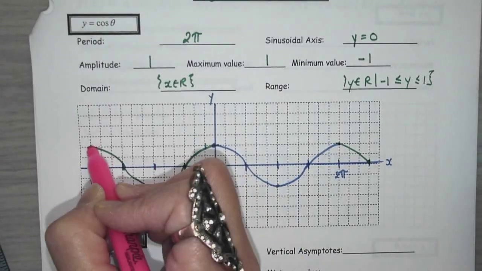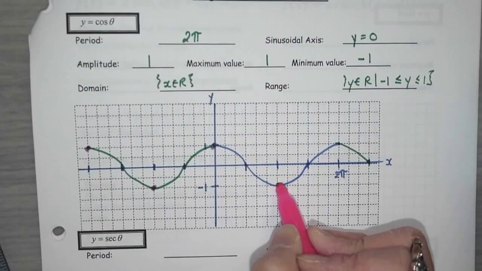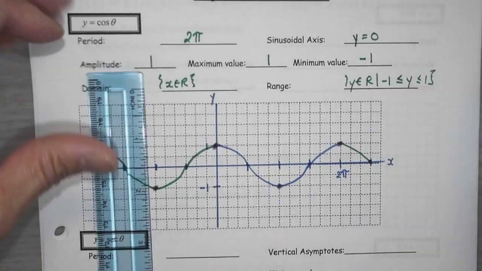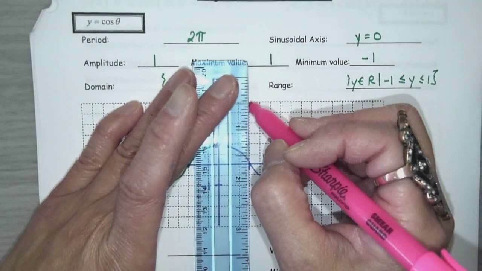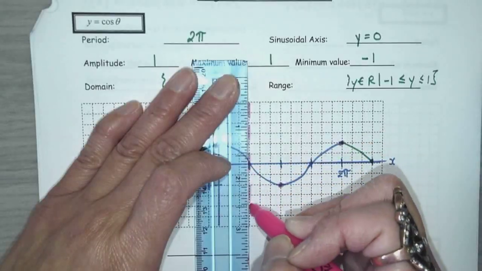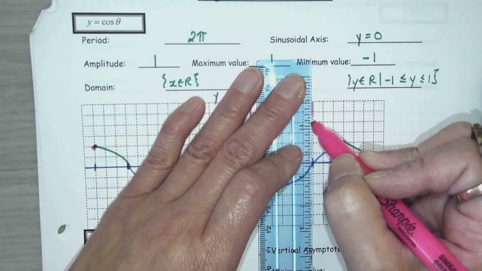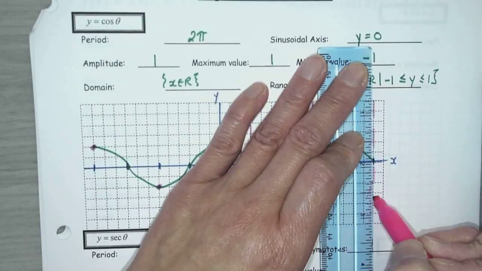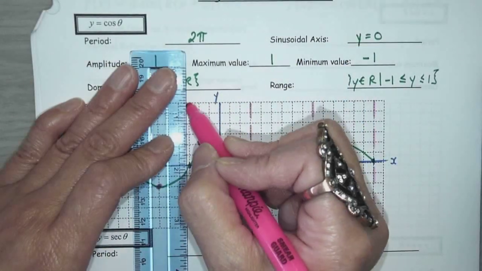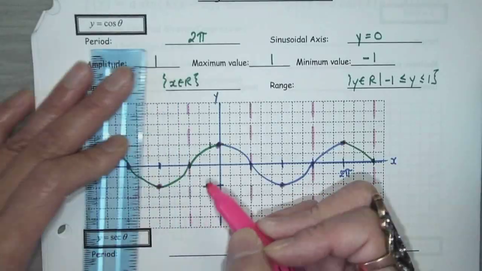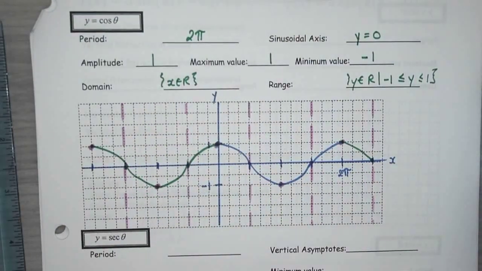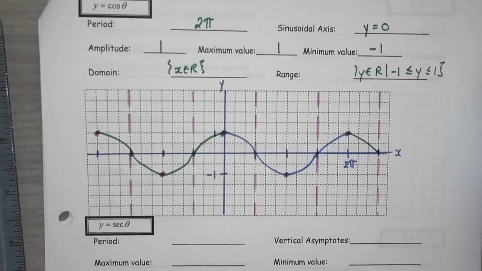All your 1s and -1s stay where they are, and all of your 0s are now asymptotes.